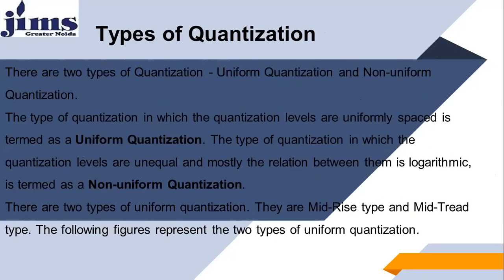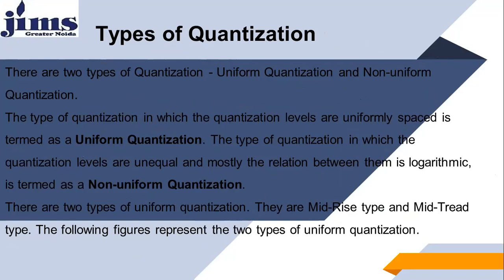There are two types of quantization: uniform quantization and non-uniform quantization. The type of quantization in which the quantization levels are uniformly spaced is termed uniform quantization. It means that if your step size is 1 volt, then this 1 volt should be maintained throughout the quantization process.